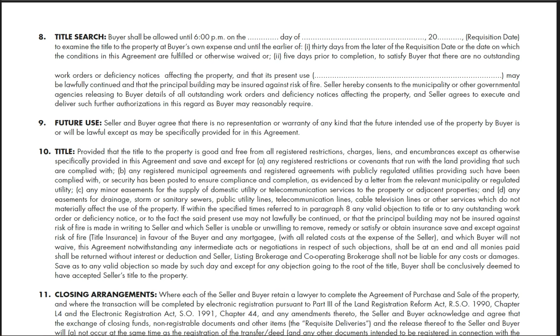Why does this clause exist? Well, the buyer sometimes purchases properties with a specific future use in mind. For example, converting a single family home into a duplex, or turning a residential property into a business, or adding an additional building extension.